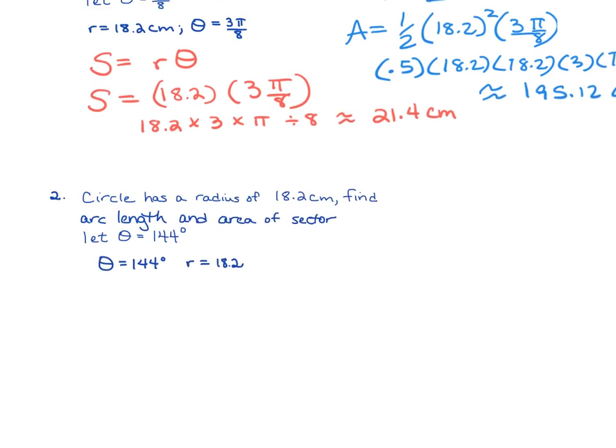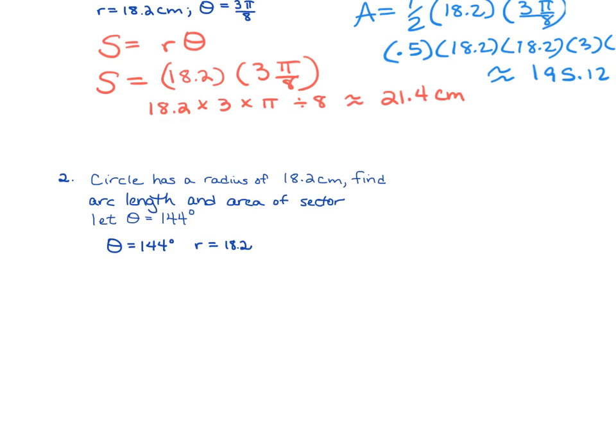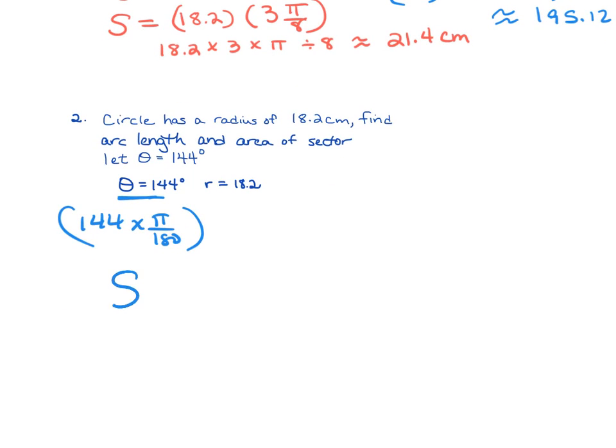So again, remember that in the formula we're using, theta must be measured in radians. You can do this two ways. I could convert this ahead of time by multiplying by pi over 180 to get the radian measure. However, I'm just going to put this into my formula. My formula for arc length is radius times theta.